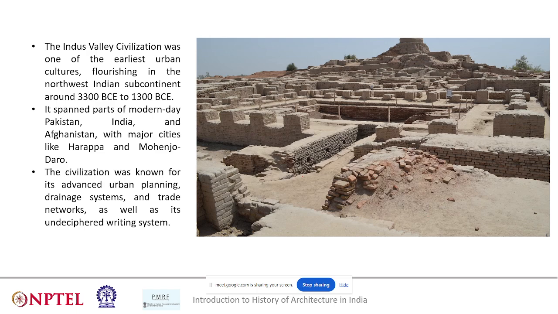And if you look at the timeline, it's around 3300 BCE up to 1300 BCE, quite older than the first remnants that we have for Buddhist architecture, and later on the Hindu architecture, right?